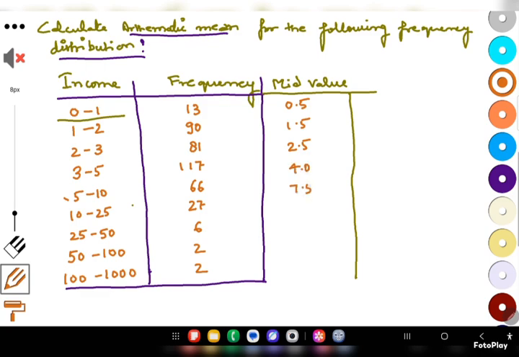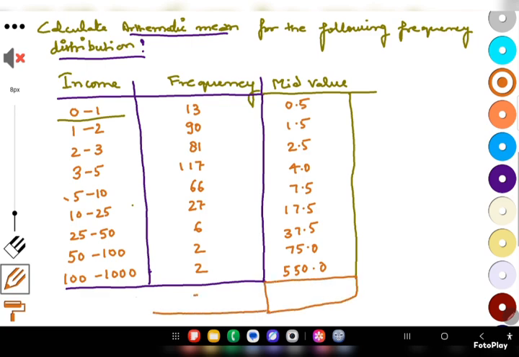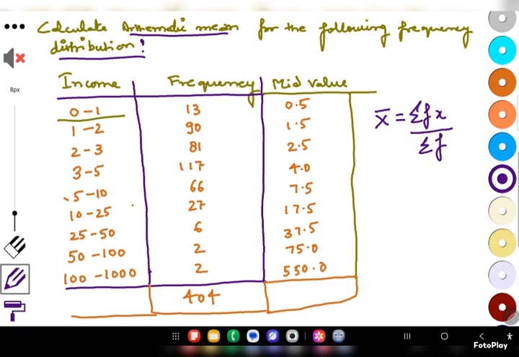So what we'll do, we'll again draw the table where income and frequency will be taken in the first 2 columns, and for the mid value we'll draw a third column where the mid value will be calculated from column number 1. For example, in the first entry it's 0.5, where the mid value has been calculated from column number 1, which is the income class interval 0 plus 1 upon 2.